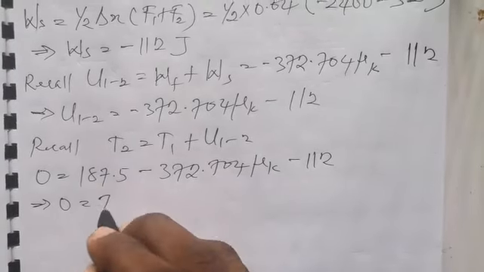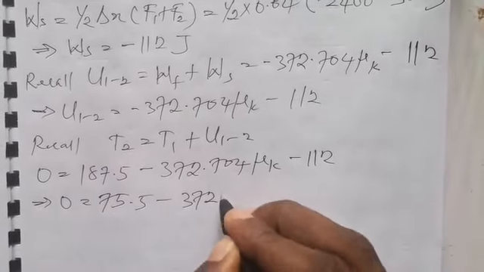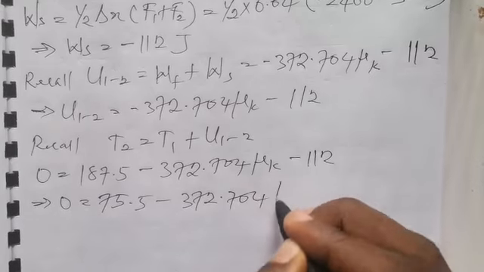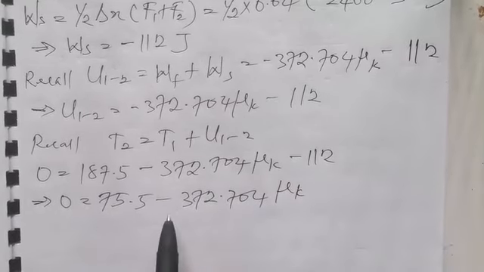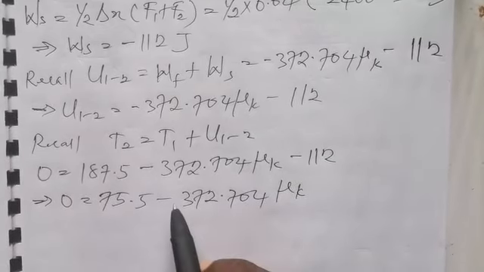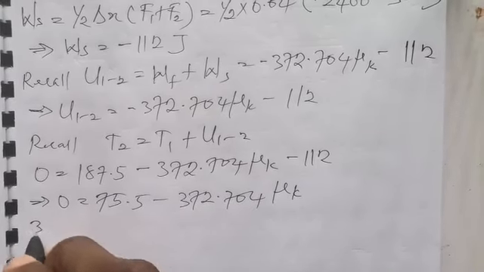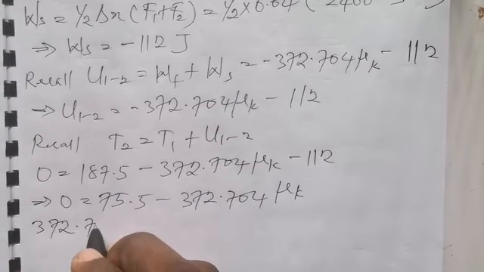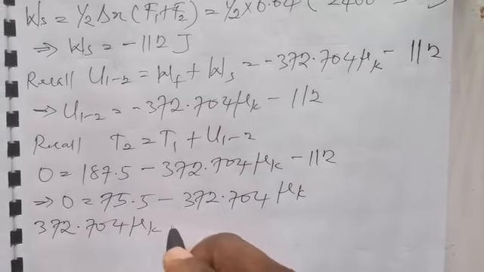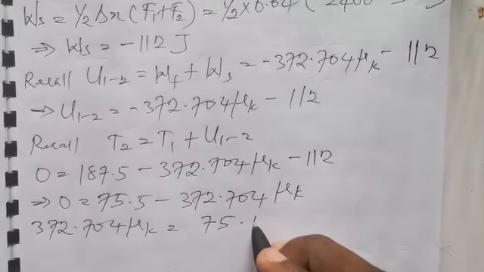That gives us 75.5 minus 372.704 mu K. Now let's send minus 372.704 mu K over to this side. Negative sign crossing an equal to sign becomes positive. So we simply have 372.704 mu K equal to 75.5.